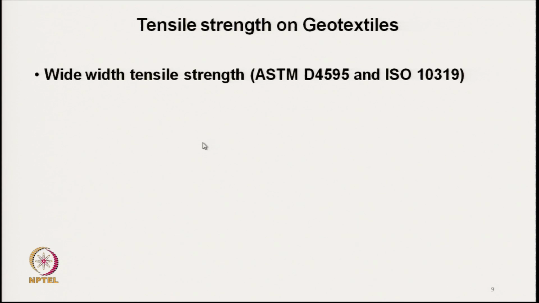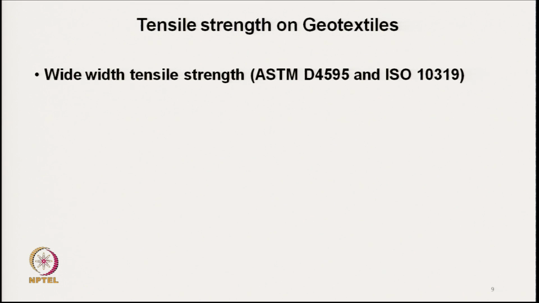As far as tensile strength is concerned, it is not like the apparel tensile characteristics. In apparel fabric we use the strip test, where the width of the strip is very low, but in geotextile this strip test result will not actually simulate the actual field condition.